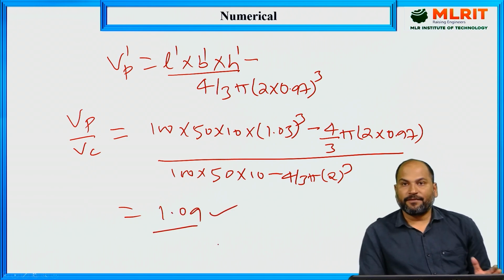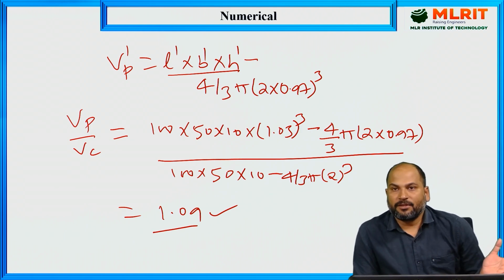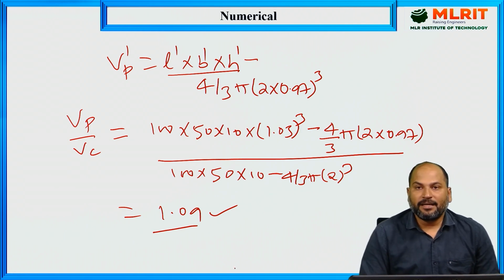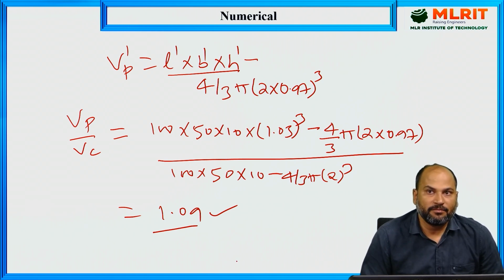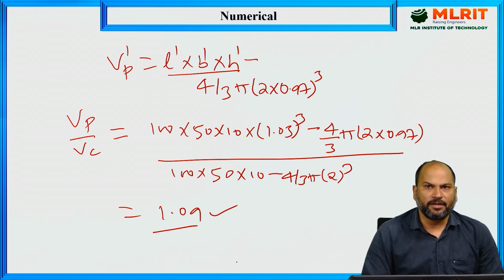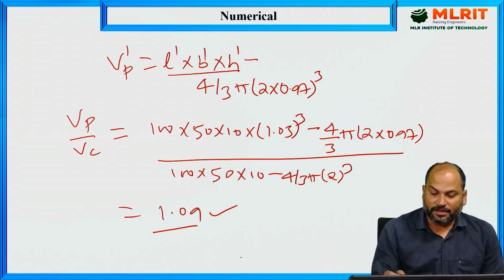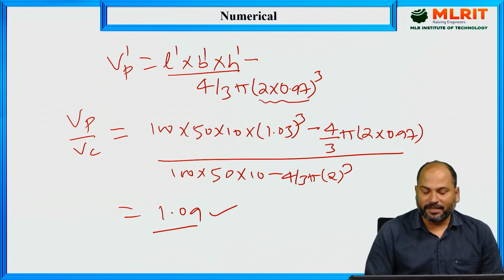So what was different in this numerical compared with the first numerical we did? Here inside the casting there is a cavity. So it's very important to understand, when we are calculating the final dimensions after the shrinkage, whether it is length, breadth or height, that we must find the radius very carefully, because most of the students make a mistake in this part only.